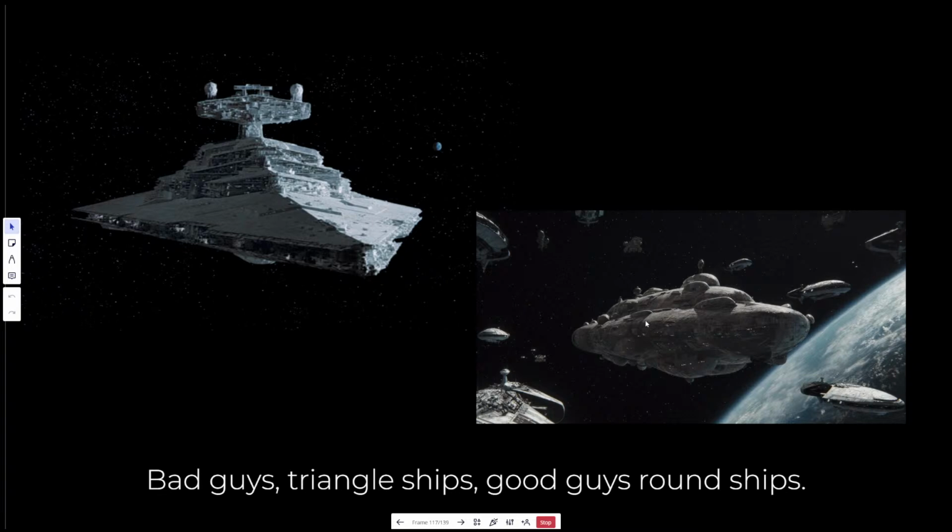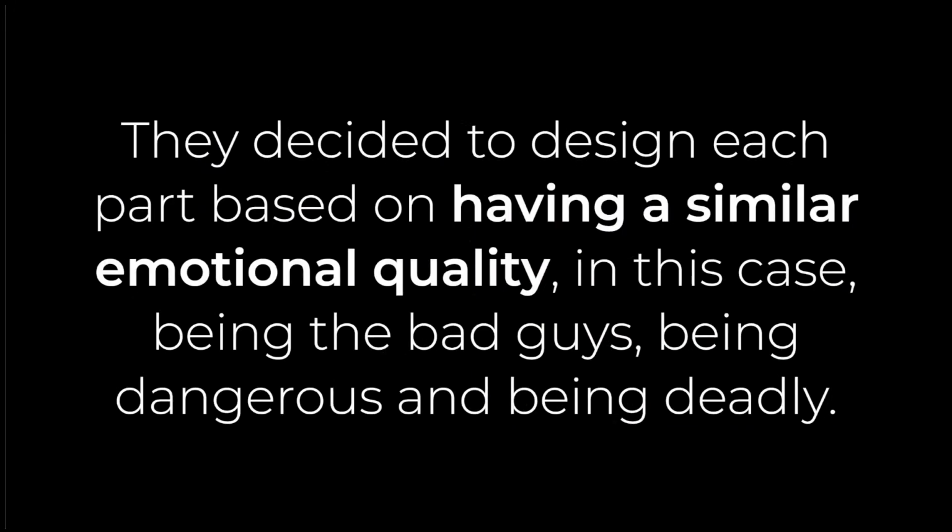Well, I think back then they were like, you know what? The most important thing is just that they feel the same. Back then they decided to design each part based on having a similar emotional quality, in this case being the bad guys being dangerous and being deadly.